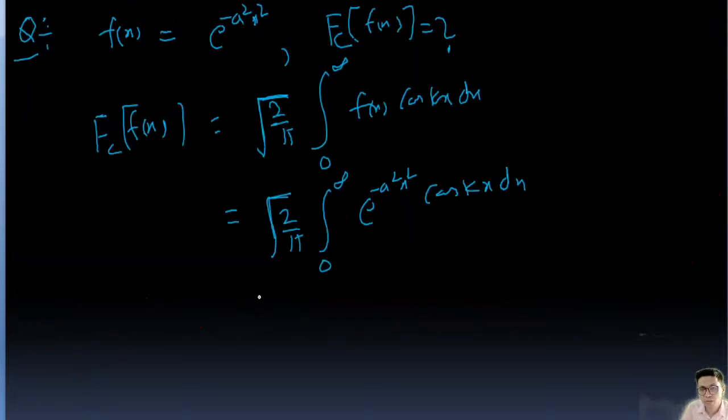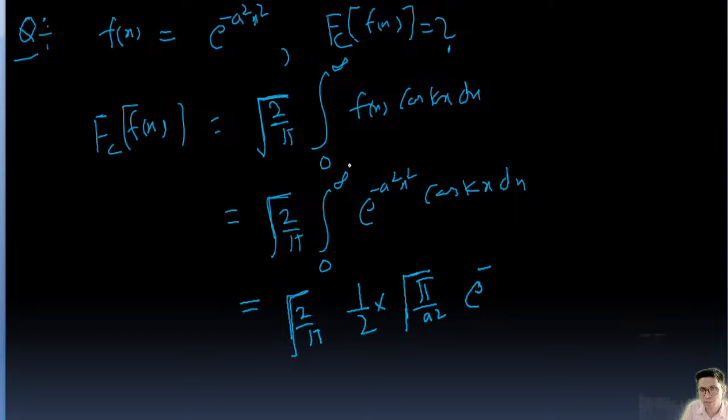So this is going to be root 2 upon pi, and this value is going to be 1 upon 2 into root pi upon a square, because here alpha is a square, and then e to the power minus b square.